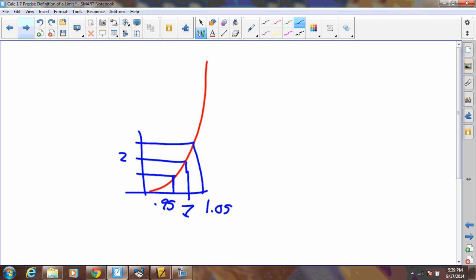All of these values are going to fall inside 2.02 and 1.98. It's a guarantee. All of them will fall in between these two values. That's what the precise definition of a limit guarantees us.